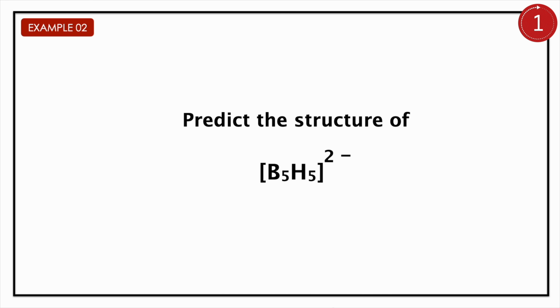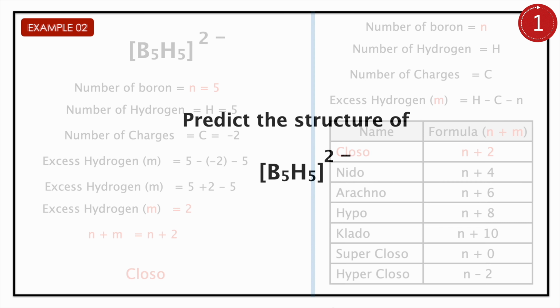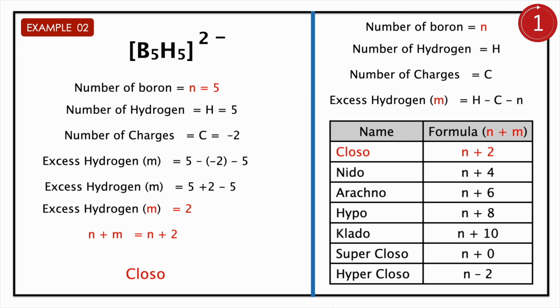Then the next example, predict the structure of B5H5 2 minus. B5H5 2 minus means a charged system. Number of borons are 5, so N equals 5. Hydrogens are 5, so H equals 5. Charge is minus 2, so C is minus 2.